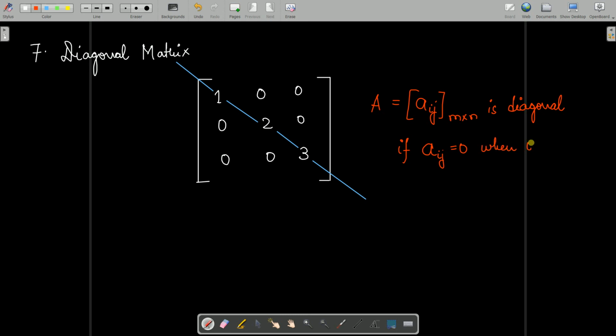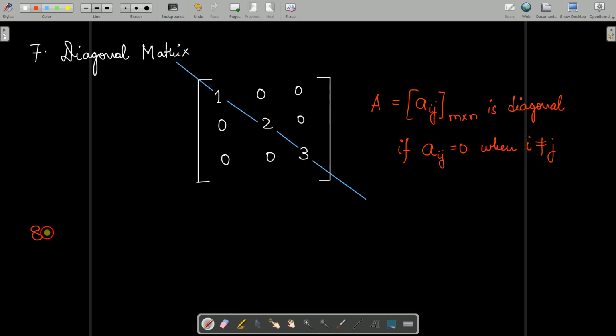Whenever your i will not be equal to j. Your i will be equal to j along this diagonal. Here i not equal to j, not equal to j, not equal to j. Okay, so whenever i is not equal to j, if the elements are 0, I will call that a diagonal matrix.